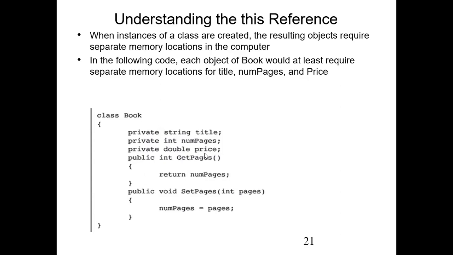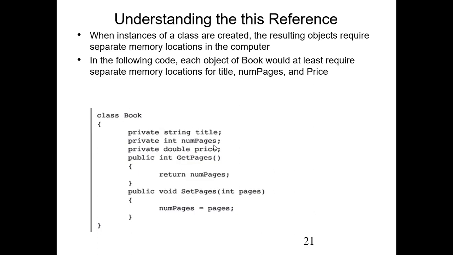So for the compiler to know which one is which, between the local variable and the instance variable, we use the keyword this. We'll talk about this one on the next slide. But let's look at the one that we have right now.